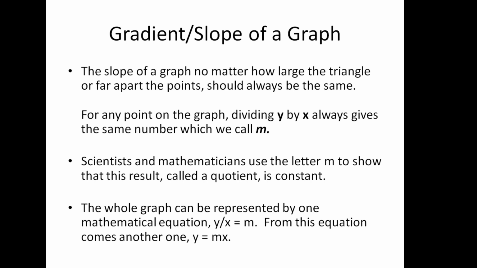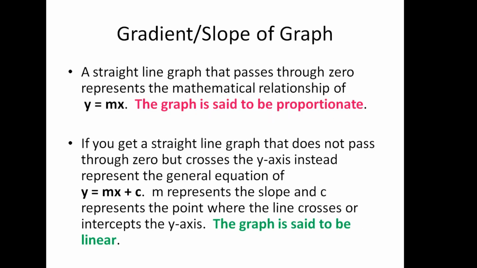From this equation comes another one, y equals mx. A straight line graph that passes through 0 represents the mathematical relationship of y equals mx. And that was the graph that we just did a while ago, showing the results obtained for a spring as a force is added to it. And so this graph is said to be proportional.